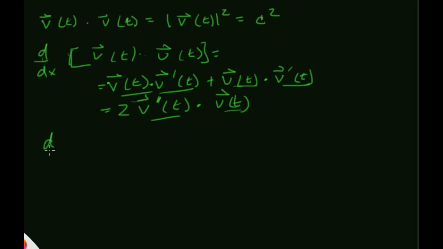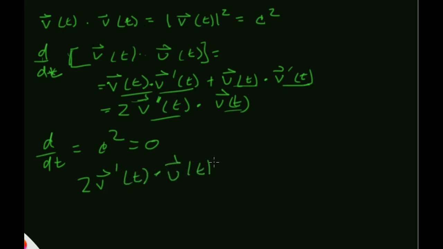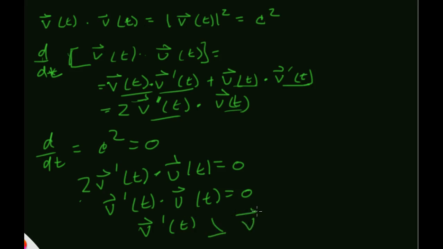Now, if I take the derivative with respect to t of c squared, I get 0, which means that 2 times v'(t) dot v(t) is equal to 0. Divide both sides by 2, I get v'(t) dot v(t) is equal to 0, which means that v'(t) has to be perpendicular or orthogonal to v(t). So that's the proof of the lemma.